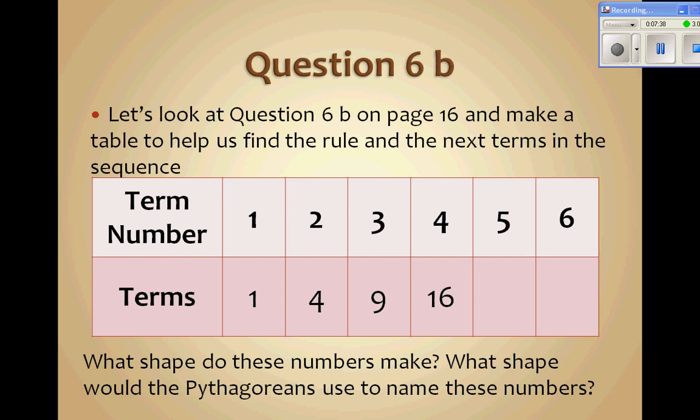The third one 9, and the fourth one 16. Can you make a regular shape with these numbers of squares? What do you think the Pythagoreans named this sequence?